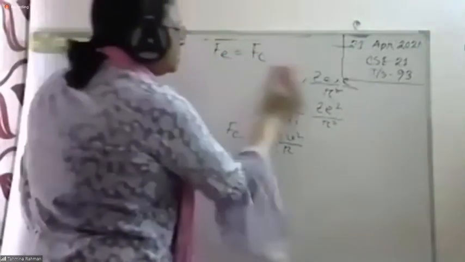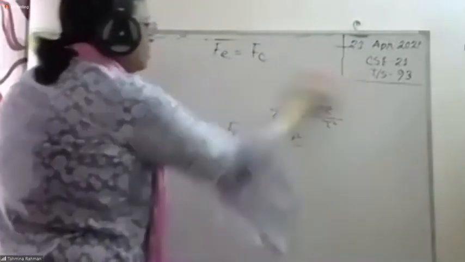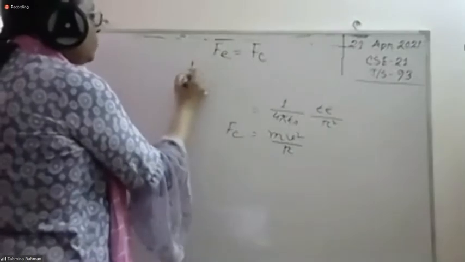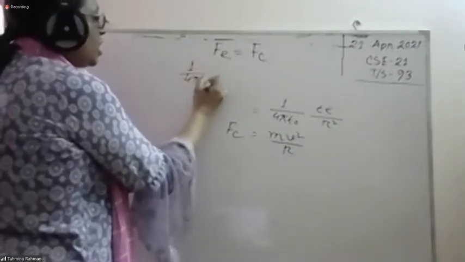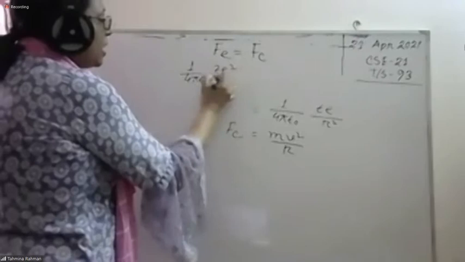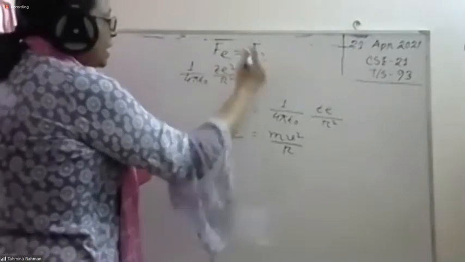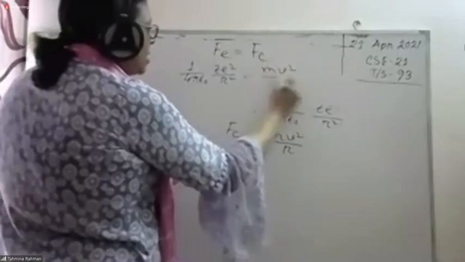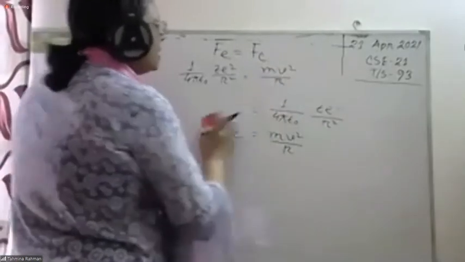We put them together. We can write 1 by 4 pi epsilon naught Z e squared by r squared on this side, and mv squared by r on this side.